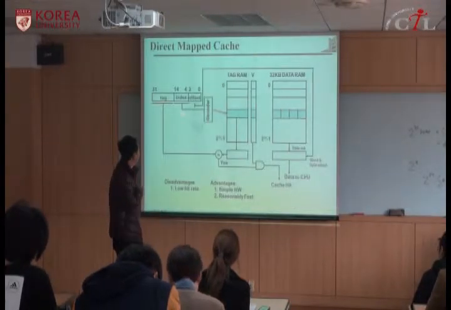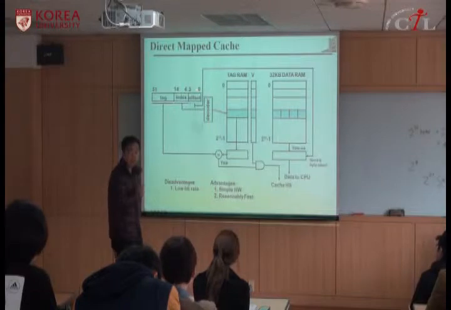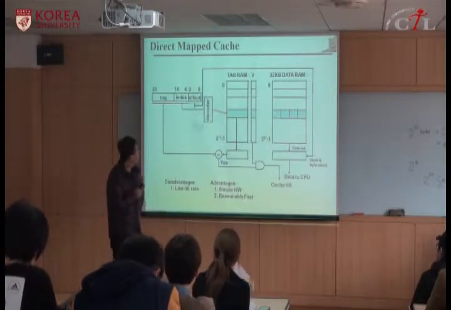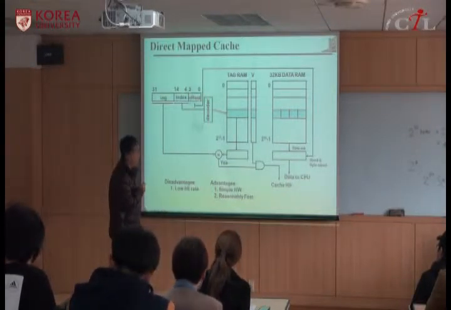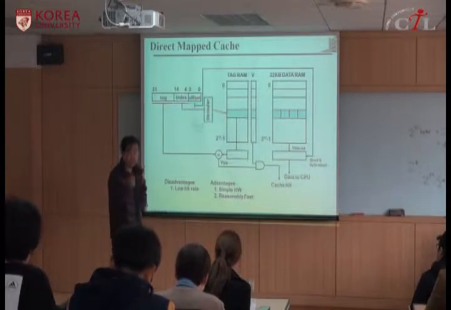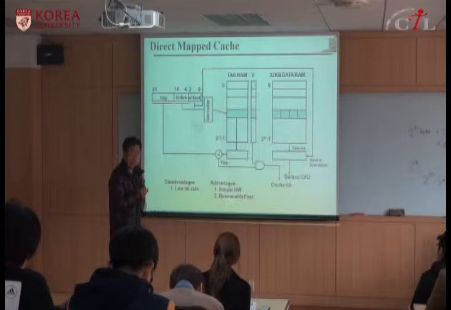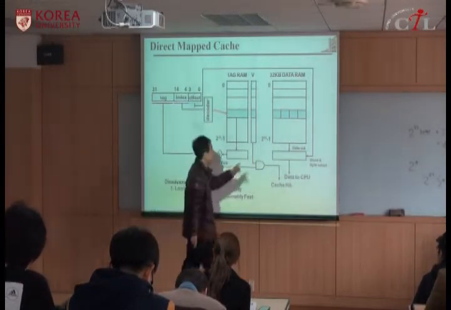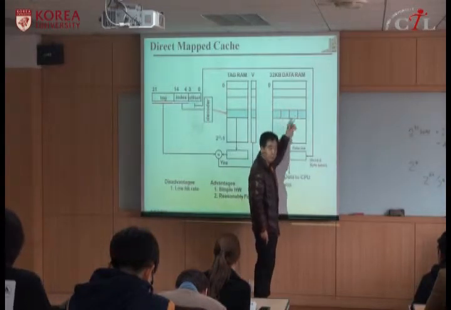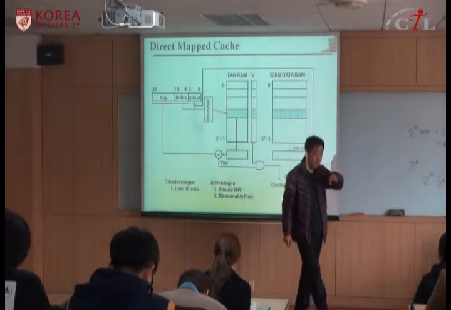So we can now organize the cache. You are given a 32-bit address as before, and the lower 4 LSBs are used to identify which byte among these 16 bytes. That's called the block offset, right? Among the 16 bytes, which byte? So you need 4 bits. Okay?